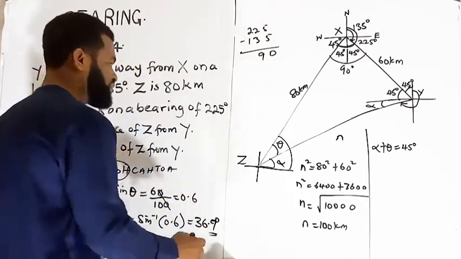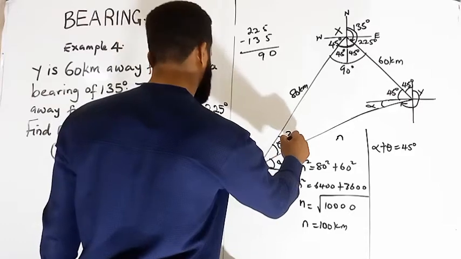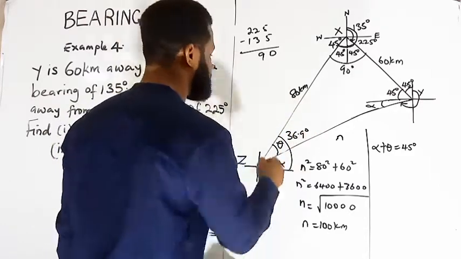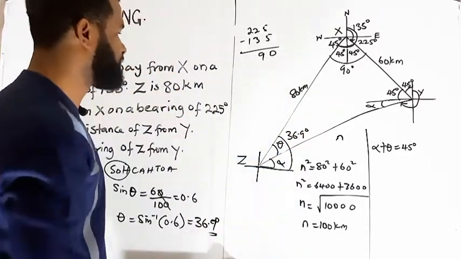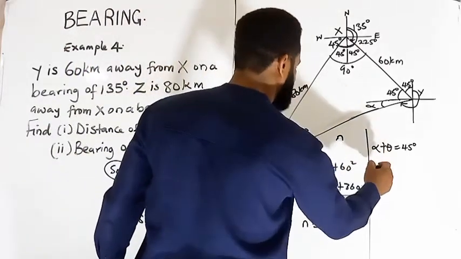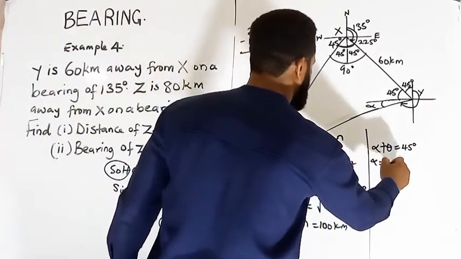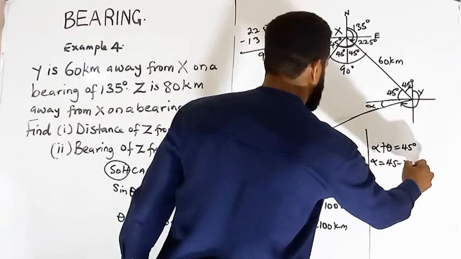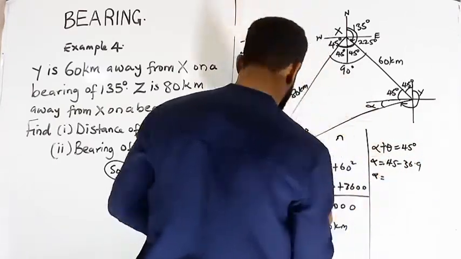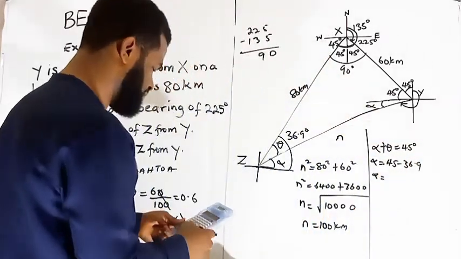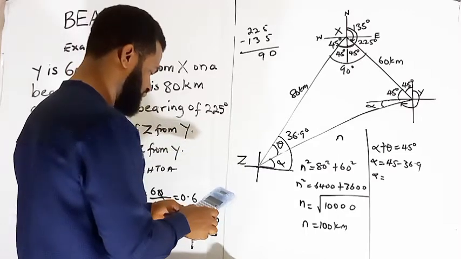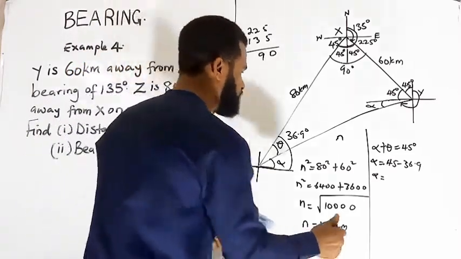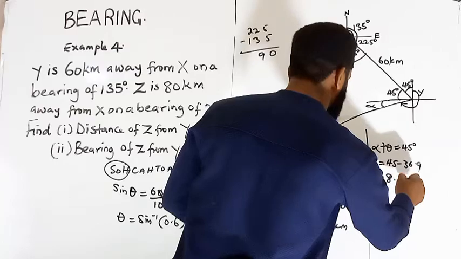So that is the angle theta. So if I have 36.9 degrees here, what should I do next? I'm going to say that alpha is equal to 45 minus 36.9. So it's 8.1 degrees.